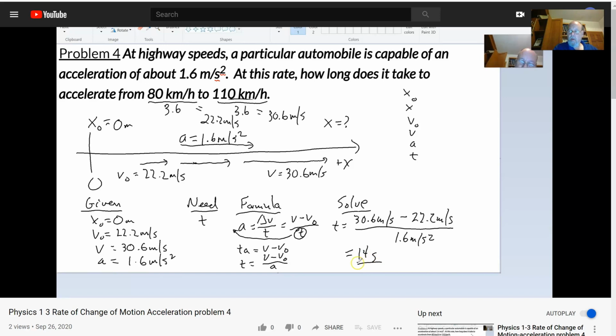And this gives us a time of 14 seconds. Okay, we don't really need this information anymore. Let's just get rid of that. And so this would be the solution that I want you to write down on your worksheet.